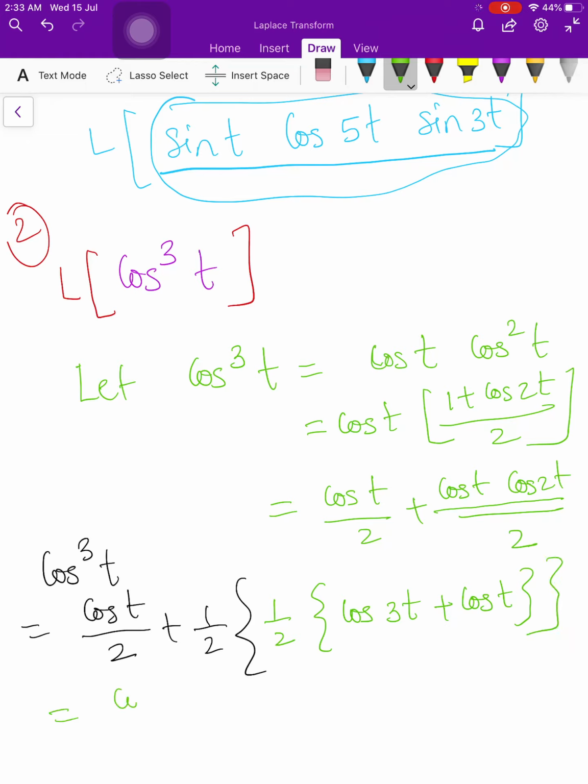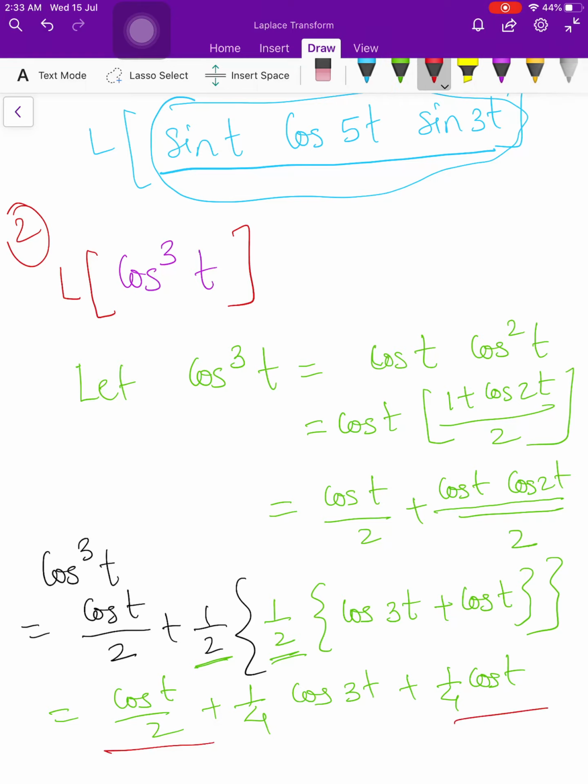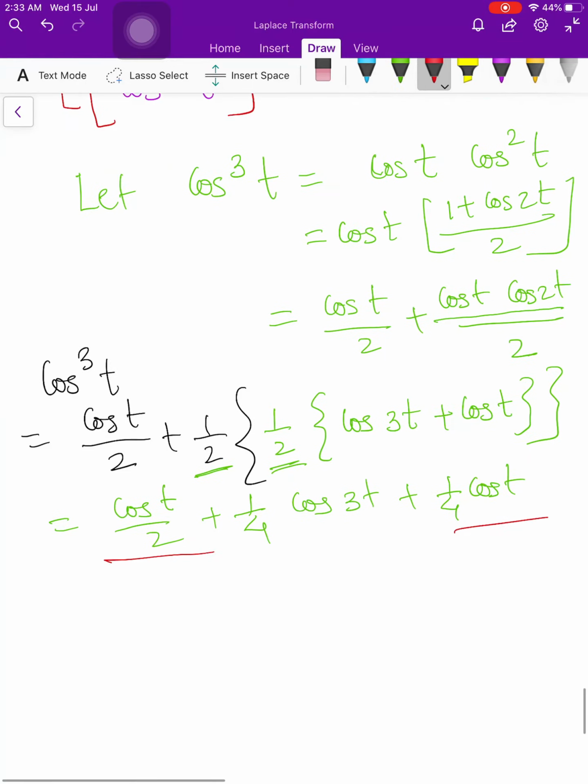This is nothing but cos t by 2 plus this 1 by 2 and this 1 by 2, which becomes 1 by 4 times cos 3t plus 1 by 4 times cos t. Now cos t by 2 and cos t, means cos t is common in them, so we can rewrite this.